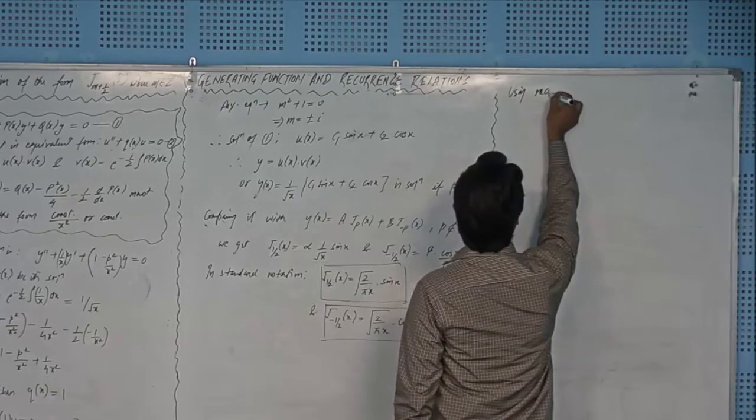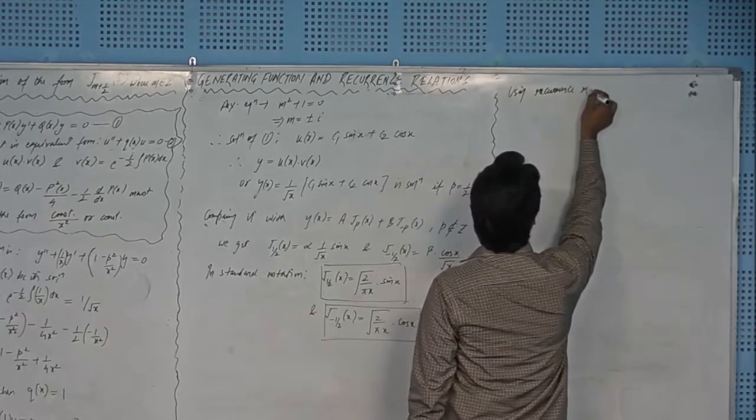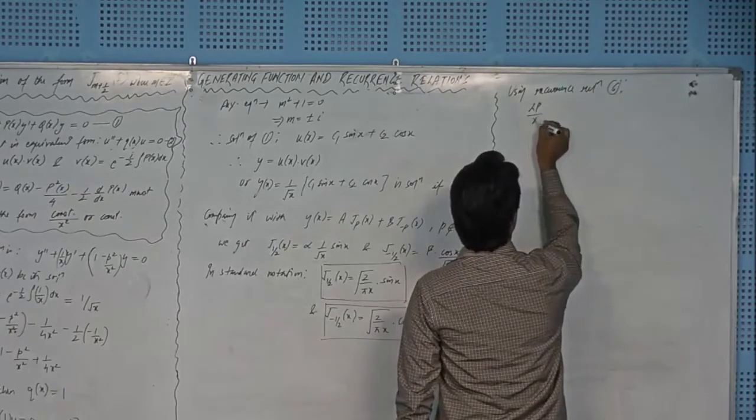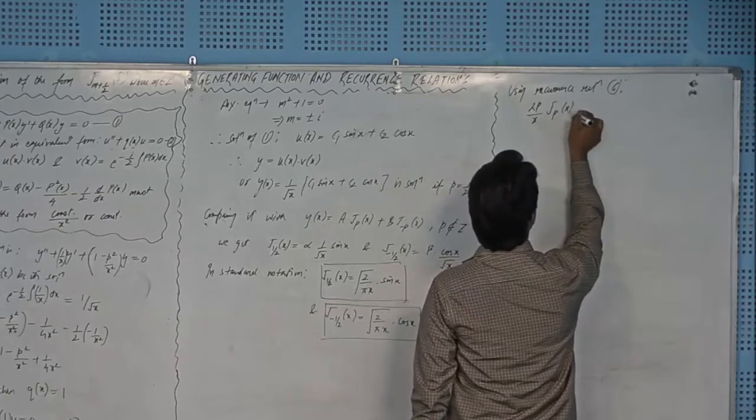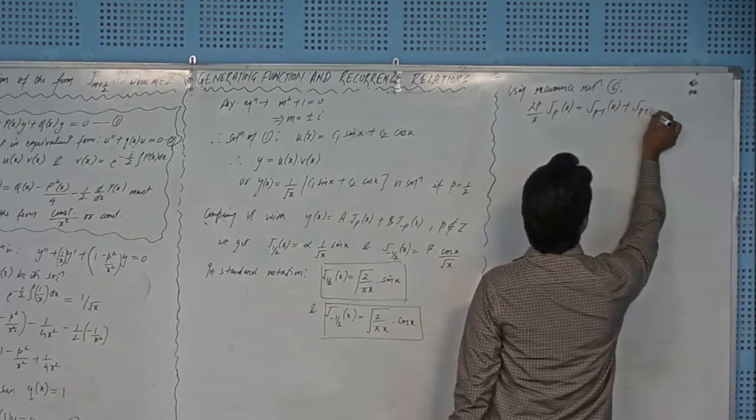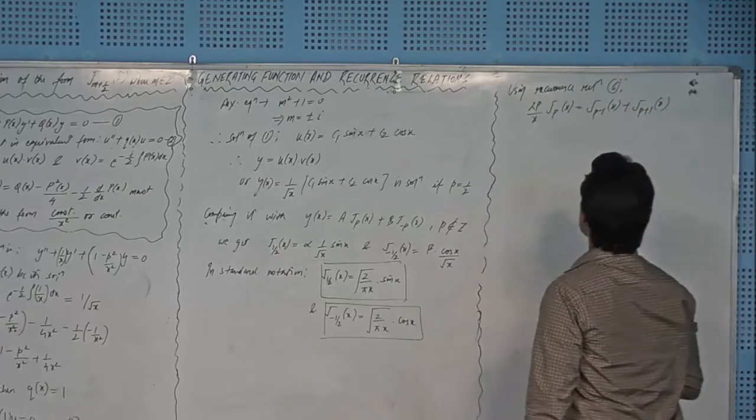Using recurrence relation 6th, that was (2p/x) J_p(x) equal to J_{p-1}(x) plus J_{p+1}(x), right?